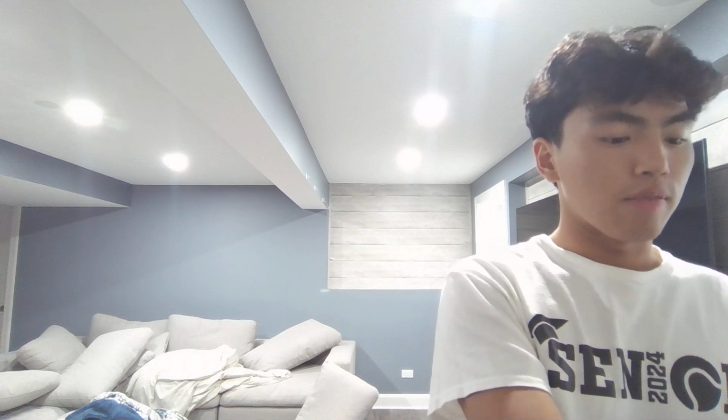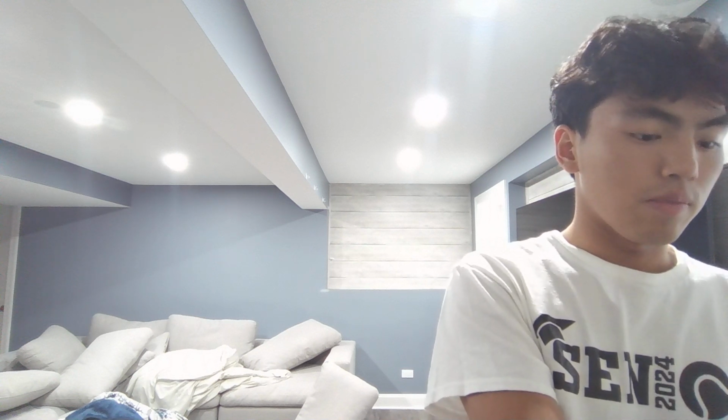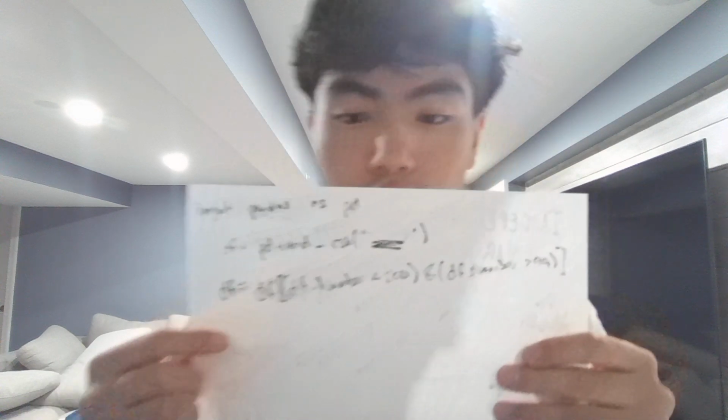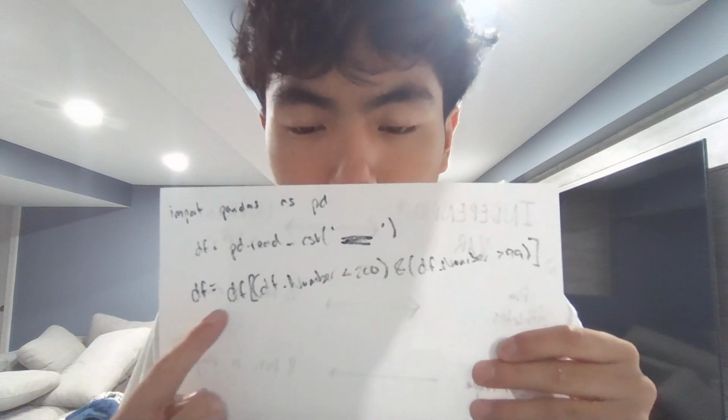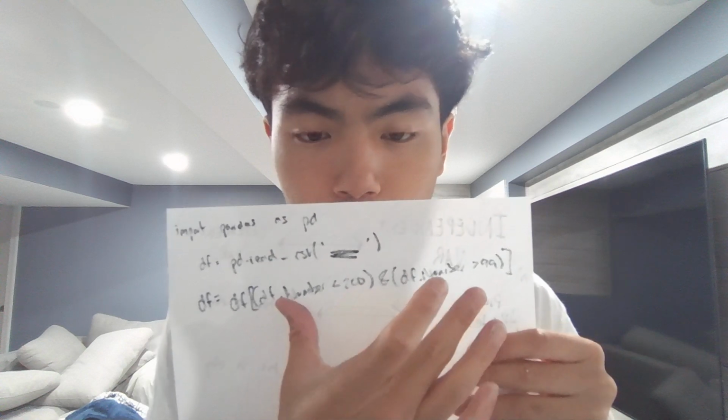So they're typing it away right now. I'm just writing it all out for the sake of this. So they have their new df here, right, with this little complex conditional, and congratulations, that is the correct filtered data frame.